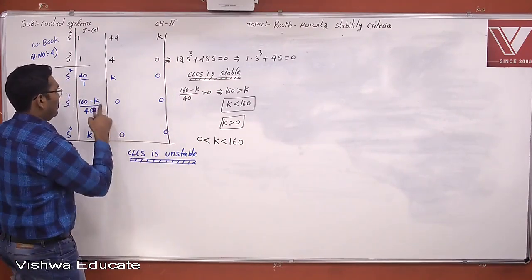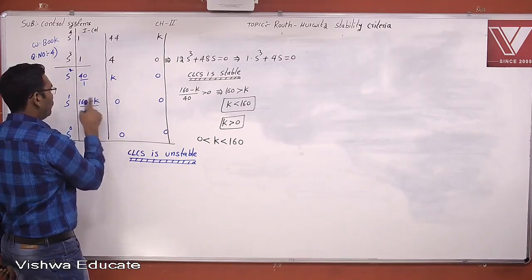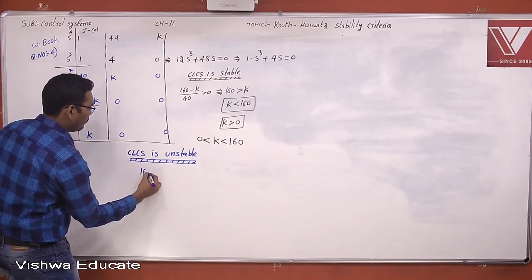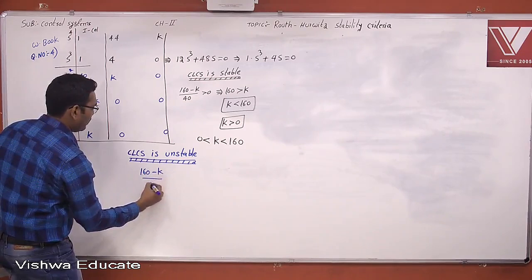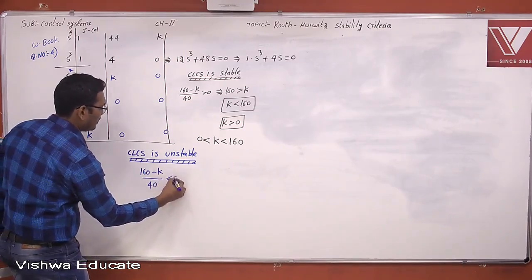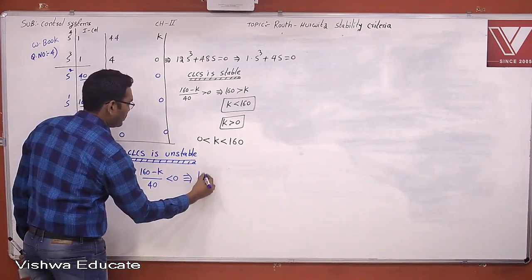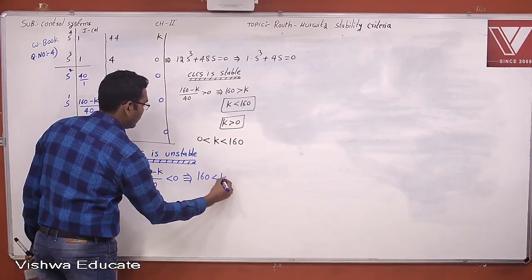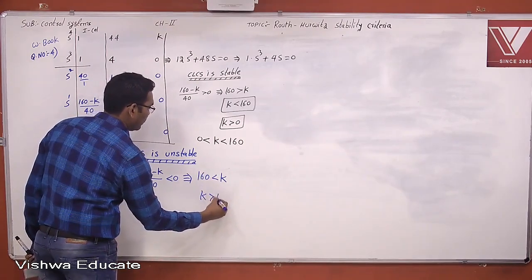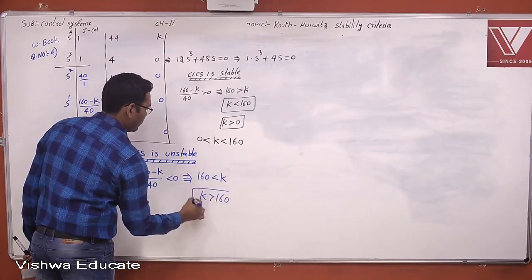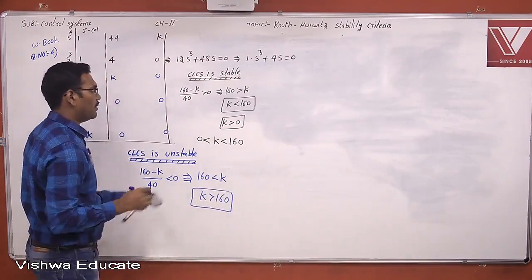Now, positive, positive, positive, make this fellow negative. 160 minus k by 40 is less than 0. Therefore, 160 is less than k. Therefore, k is greater than 160 and the closed loop control system is unstable.